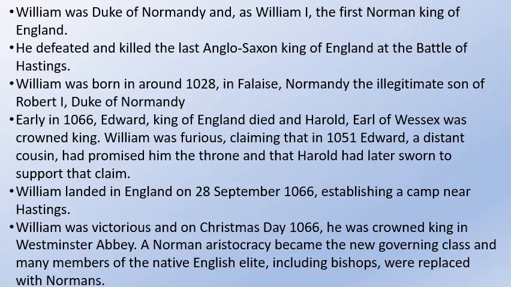William landed in England on 28 September 1066, establishing a camp near Hastings. William was victorious, and on Christmas Day 1066 he was crowned king in Westminster Abbey. A Norman aristocracy became the new governing class, and many members of the native English elite, including bishops, were replaced with Normans.